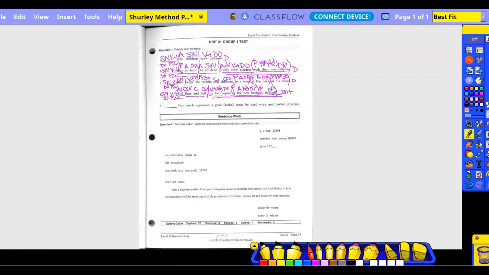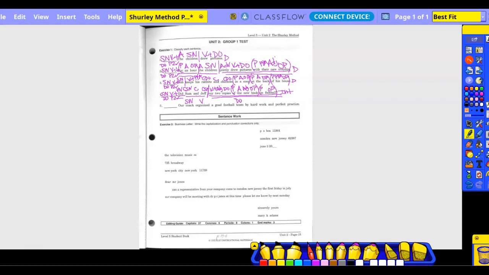Our coach organized a good football team by hard work and perfect practice. So who organized a good football team by hard work and perfect practice? What is being said about coach? Organized what? A good football team, but we're just primarily looking at team, right? Is team the same thing as coach? No. So it is the direct object of the organization, right?